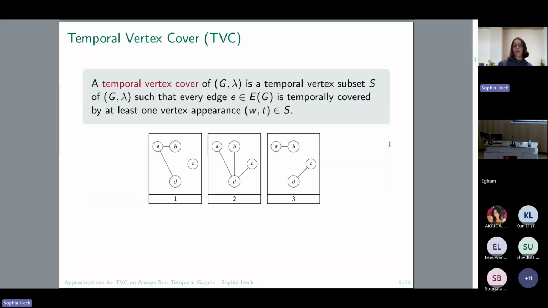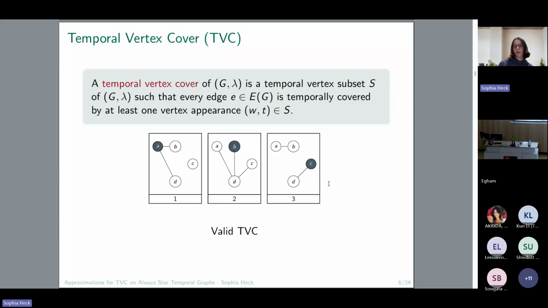We can translate this now to the temporal vertex cover problem, where we want to find a subset of vertex appearances to temporally cover every edge at least once. If we consider this example here, where we take A at time 1 and C at time 3, we can see that this is actually not a valid temporal vertex cover, because the edge BD is never covered in a time step where it is actually active.